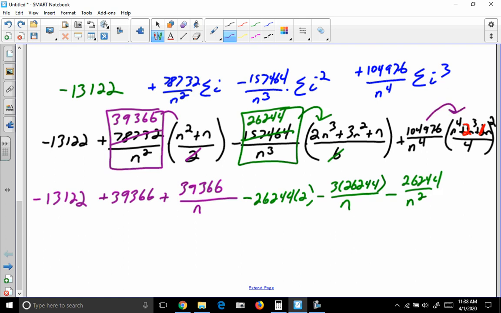And you might say, why am I not getting more particular numbers? We're going to see in a minute why we're leaving this. So when we distribute here, we can go ahead and reduce this 4. 4 goes into that 26,244.